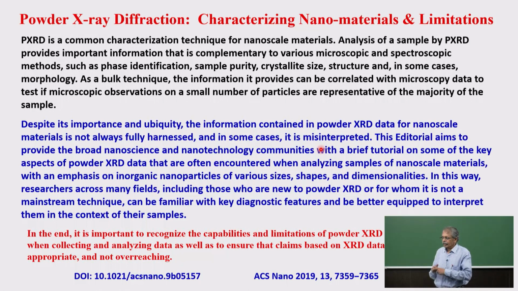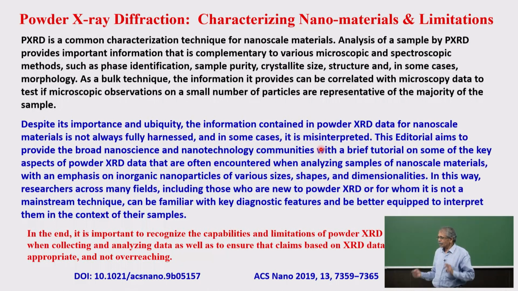Very rarely it could be a fully single crystal, but most often there could be crystalline domains. Those crystalline domains from one particle to the other, or from one crystallite to another, need not be the same; they can change. That also means these crystallites may have different sizes and different shapes of the nanoparticles. All of these are possible.